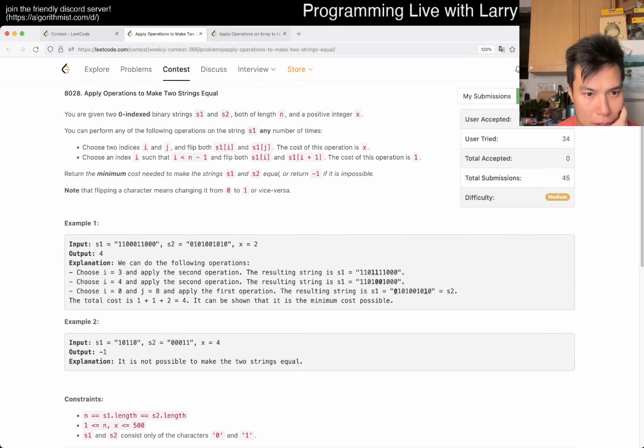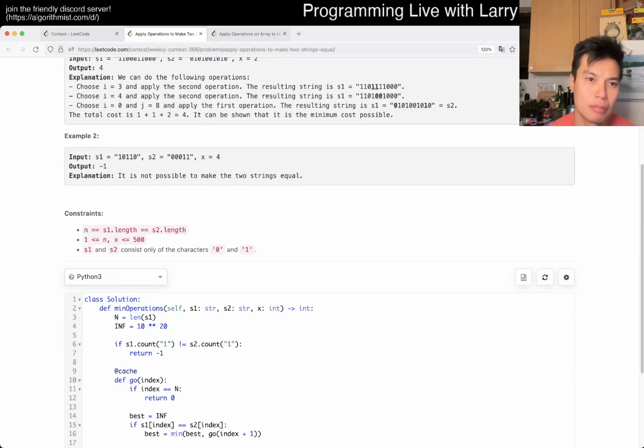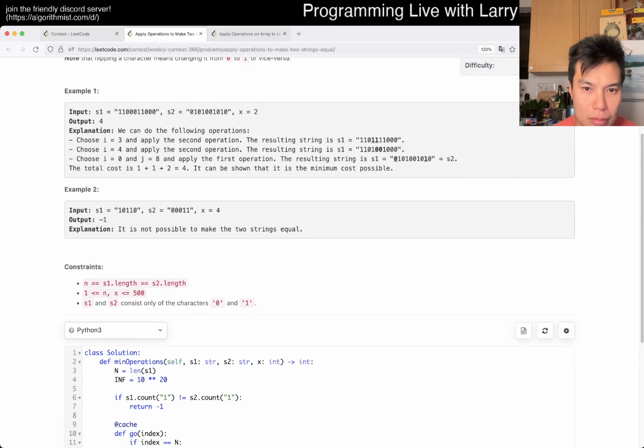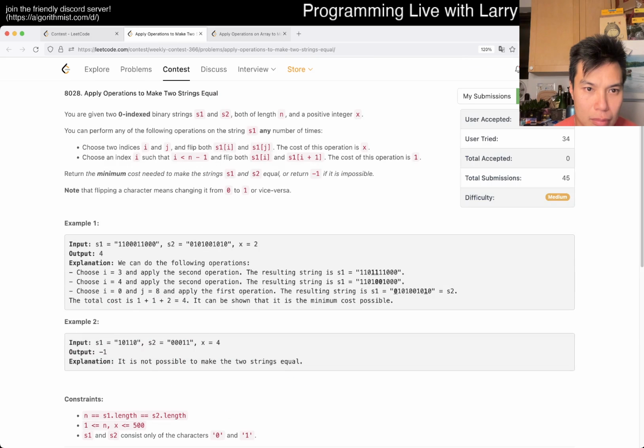How do I think about this one? Is there another way to do this one? I would do this one more than one.